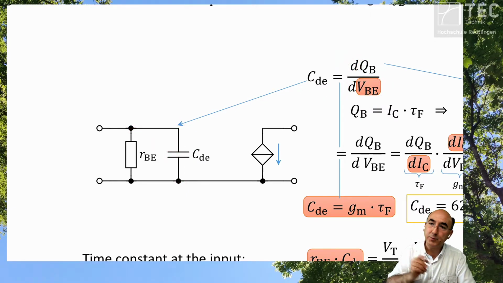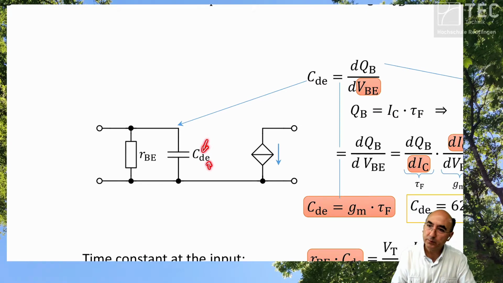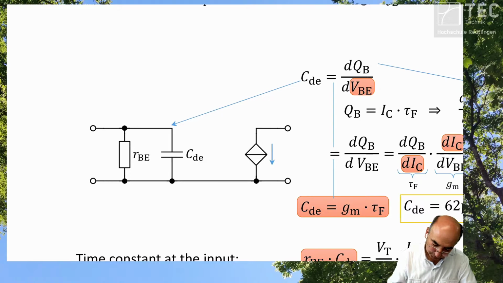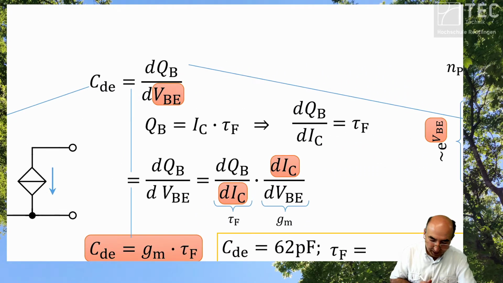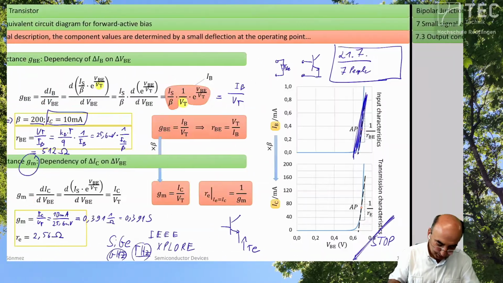Now we have at the input a capacitor which is called diffusion capacitance, and you have your differential resistance at the input. Now let's calculate this capacitance. What is a charge? What is causing this charge? Let's go back.